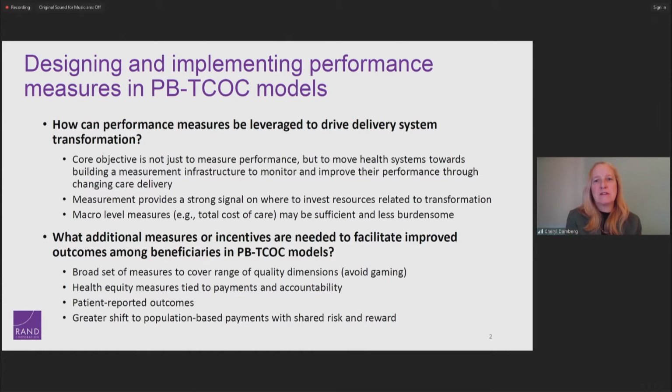I think what the objective here, in my mind, is that we would encourage systems that are caring for our population to build a measurement infrastructure so that they internally can monitor and improve their performance, and in the process change care delivery through an ongoing learning process.